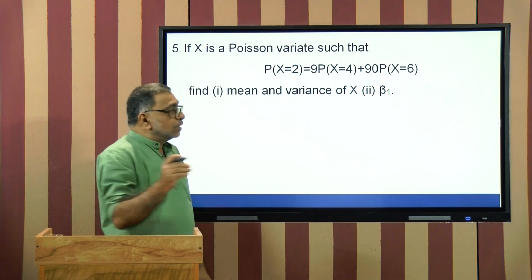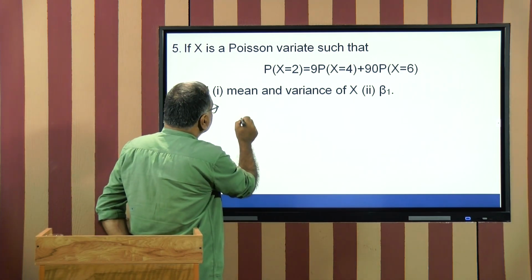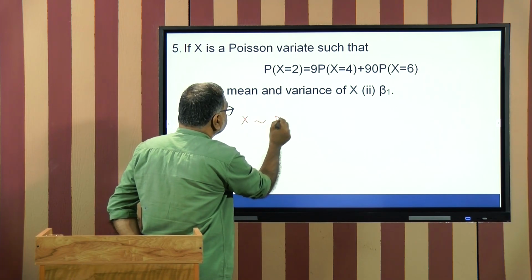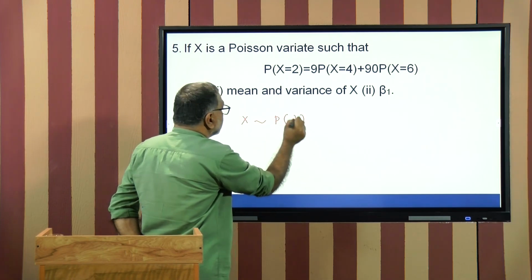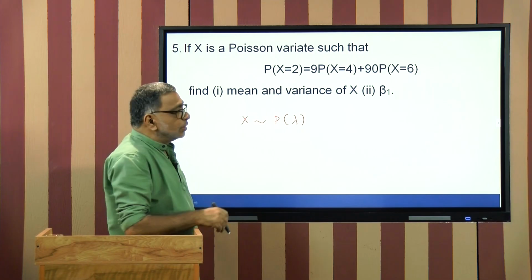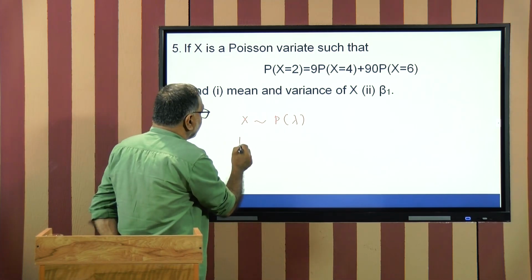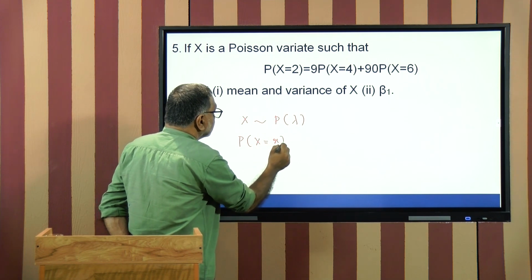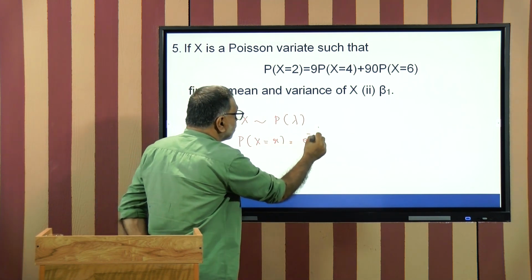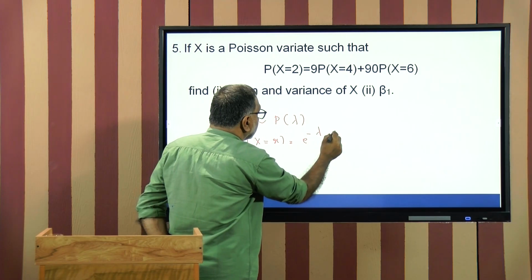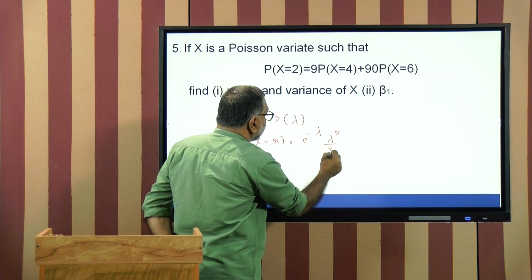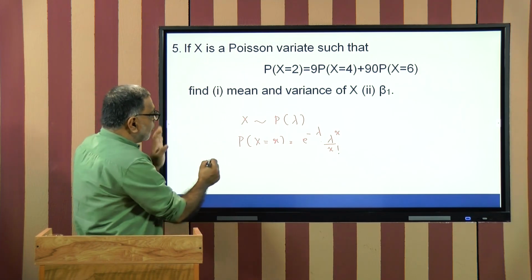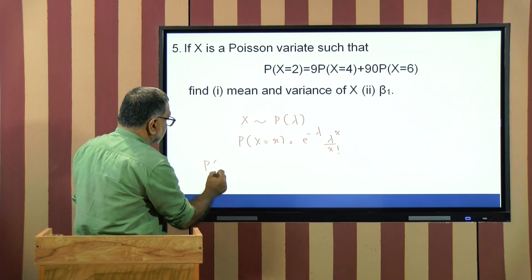So, suppose X follows a Poisson distribution with parameter lambda, so the probability of X equal to x is e to the power minus lambda, lambda to the power x divided by x factorial. Just note what the probability of X equal to x is.